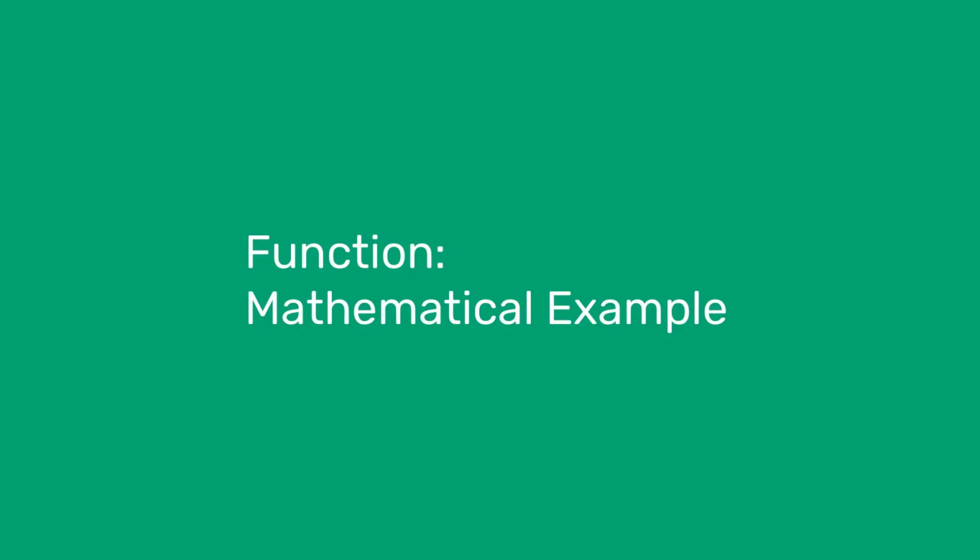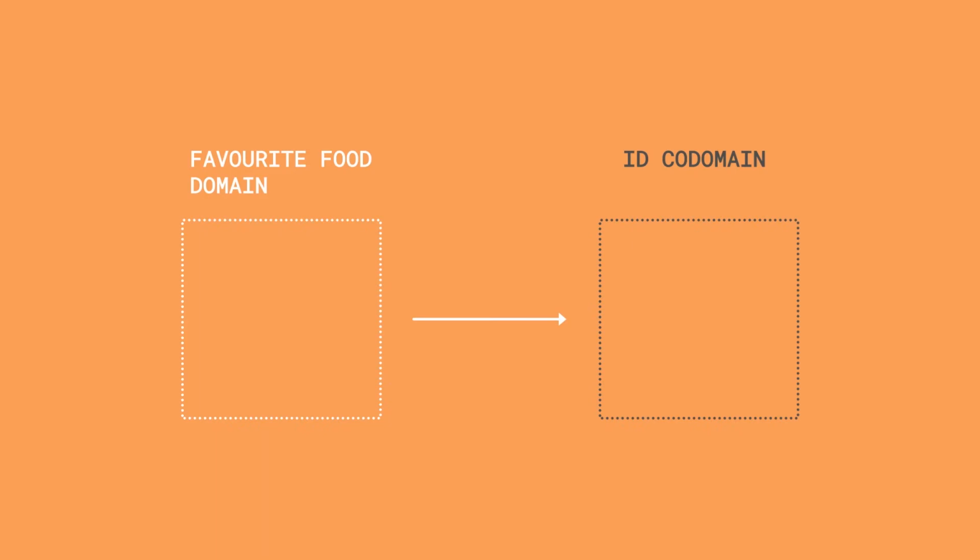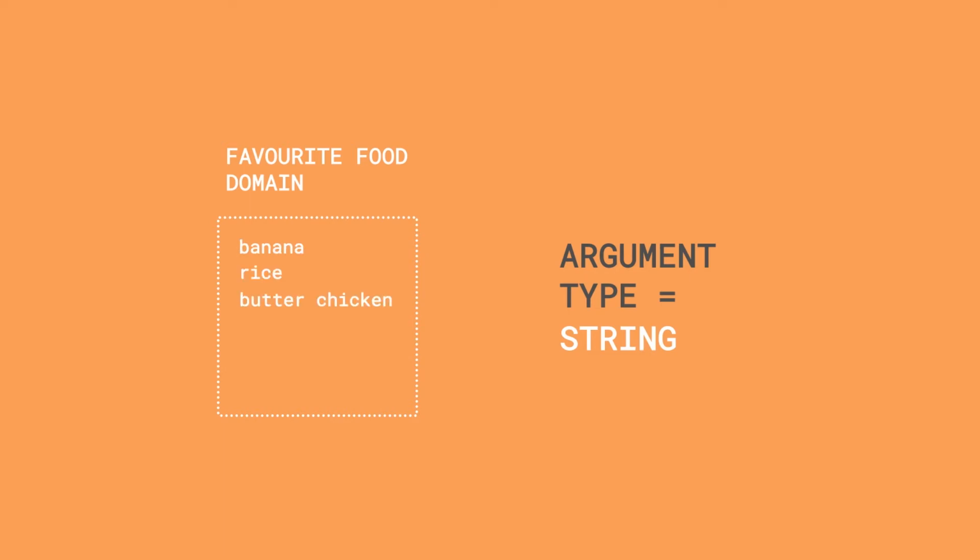The functioning of a dishwasher is fairly self-explanatory, but let's talk about a more technical example. Suppose we needed to write a function that mapped you and your classmates to a numerical ID using your classmate's favourite food. Now before we go ahead and define that function, let's discuss the argument type. The argument type for the domain will be a string and may have these values, for example.